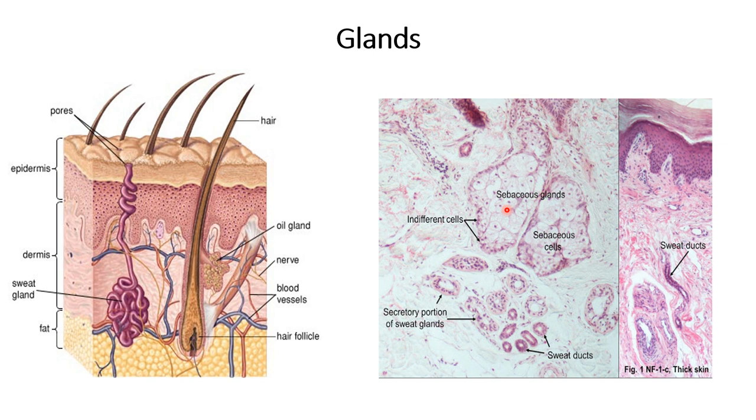This kind of picture was also appreciated under the microscope. If you just recall back, and then sweat glands also. These types of slides were shown to you in your practicals.